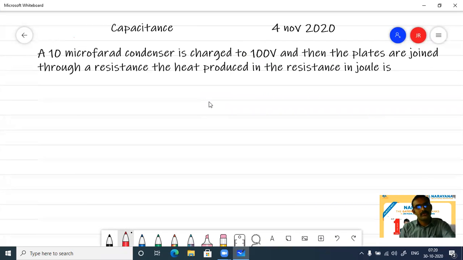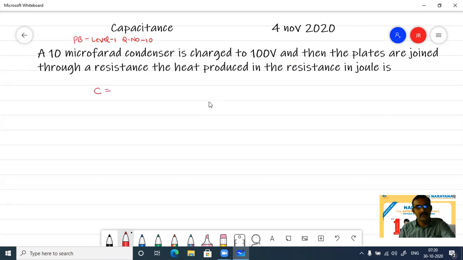Now come to the same practice book, level 1, question number 10. A 10 microfarad capacitor.